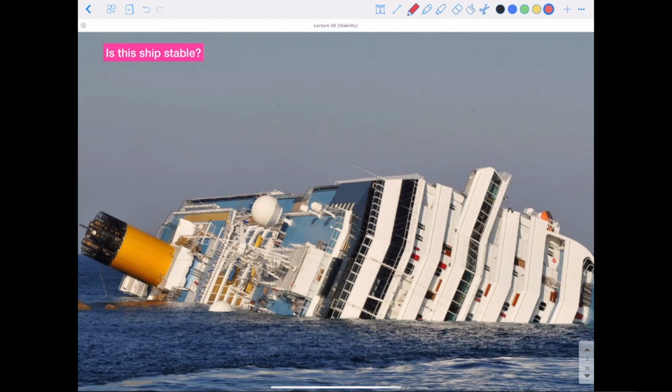So it's still floating in this picture. It was no longer stable in its upright position, and it became stable in this one. Maybe it's because it took on water or got pushed too far beyond its stability point and moved to a new stable position. So a floating object may have more than one stable position.